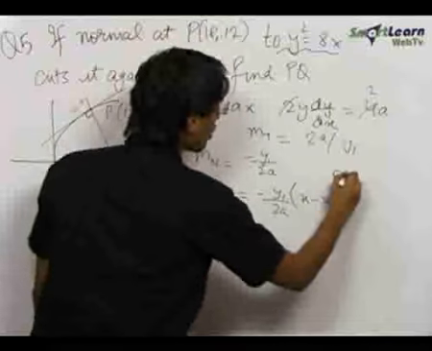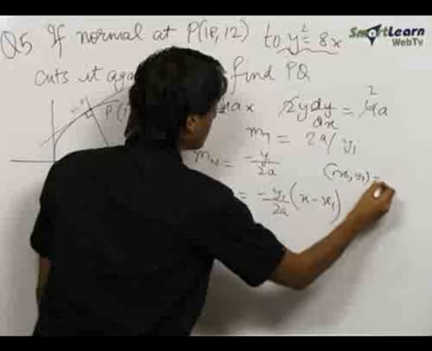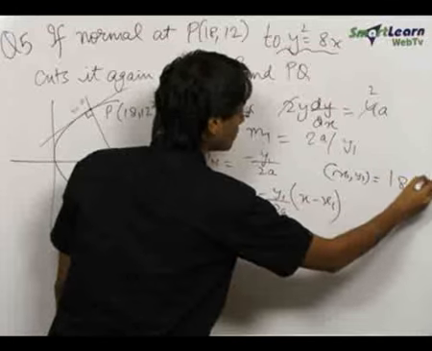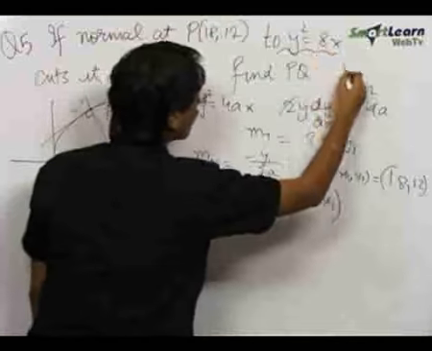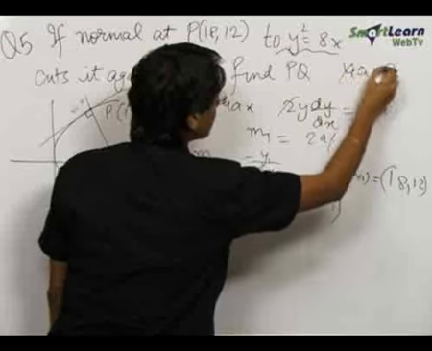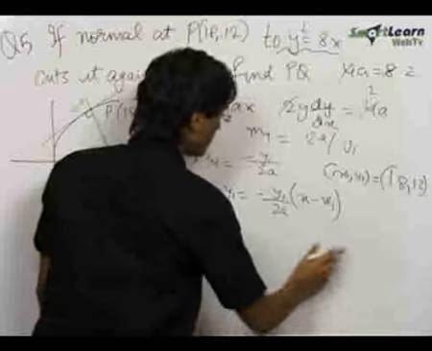Here we know that (x1, y1) is the point P, which is (18, 12), and we have 4a is equal to 8, hence a is equal to 2.